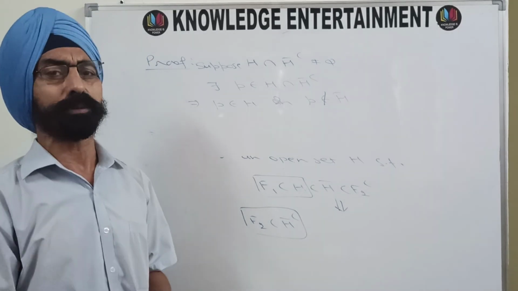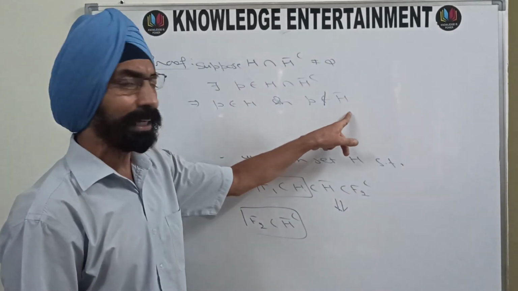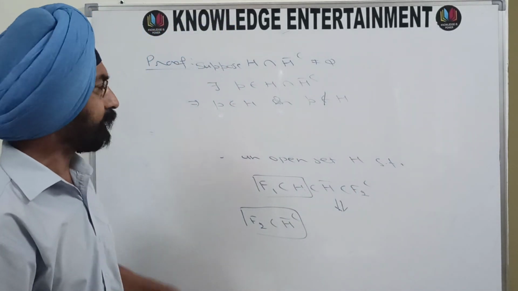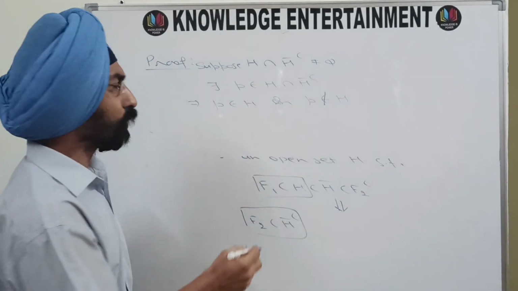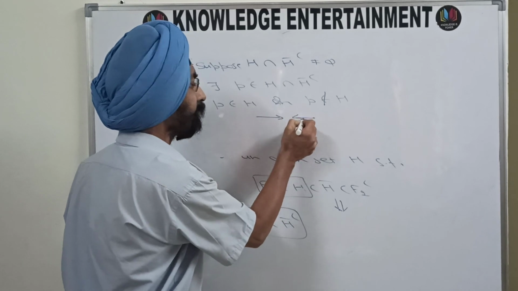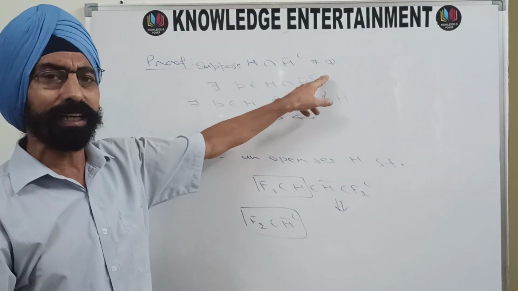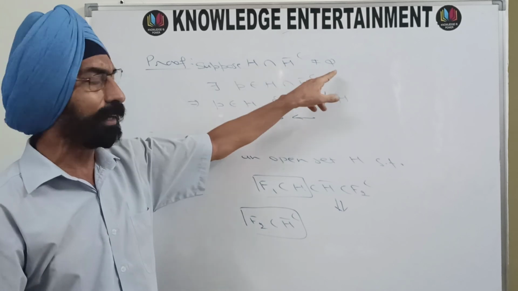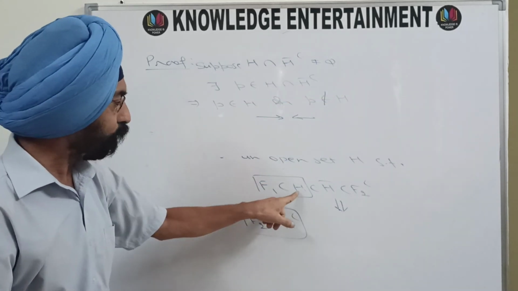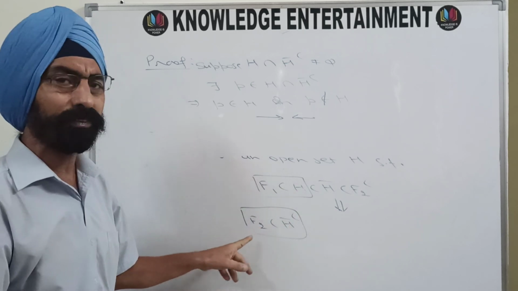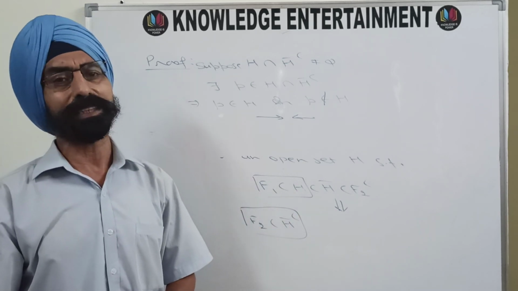And H is a subset of H bar. So if P is not in H bar, how can P be in H? So P does not belong to H. P belongs to H and P does not belong to H is a contradiction. And this is a contradiction because we supposed that their intersection is not phi. That means these two open sets are disjoint. So we have obtained a pair of disjoint open sets, one containing F1 and the other containing F2. That means our space is normal.